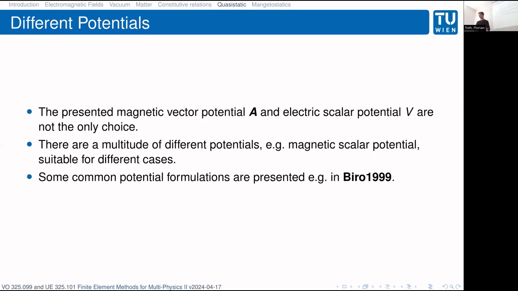This is only a particular case, so there are different potential formulations that might be suitable for different problems. Oscar Biro has a nice publication summarizing a lot of potential formulations, especially regarding their finite element implementation.